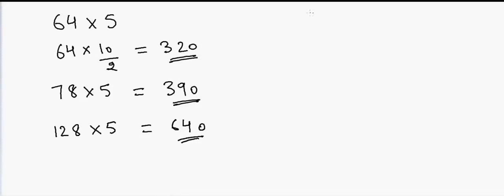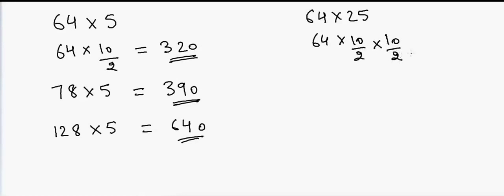Another trick is to multiply by 25. So if I have to multiply 64 by 25, then we can write this as 64 into 10 by 2 into 10 by 2. So we have to take half of 64 two times. Half of 64 is 32, half of 32 is 16.